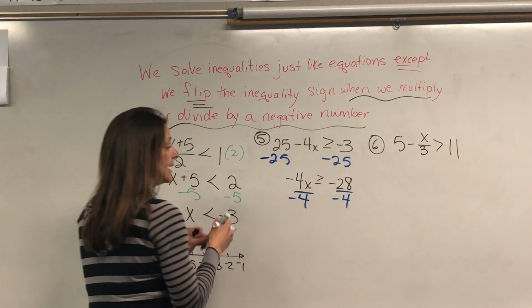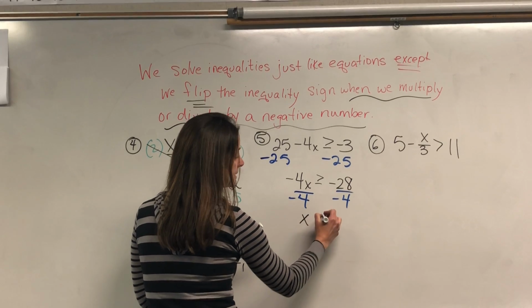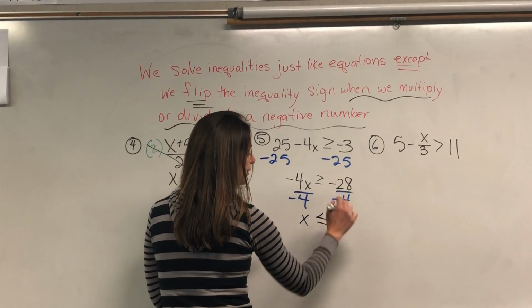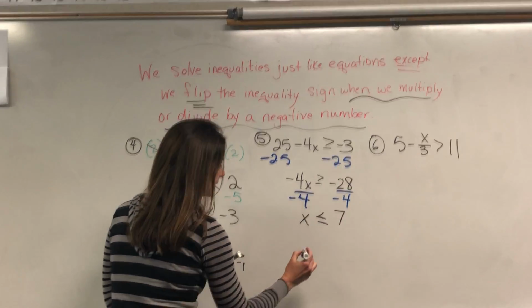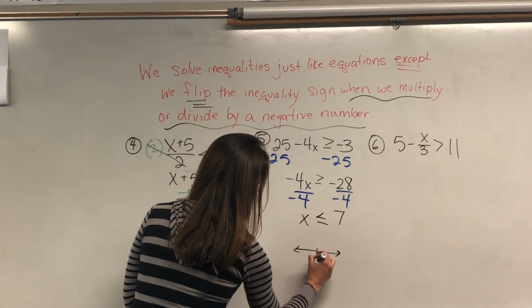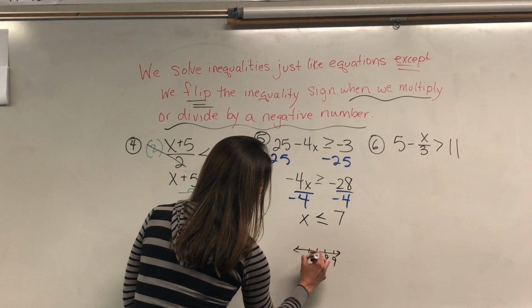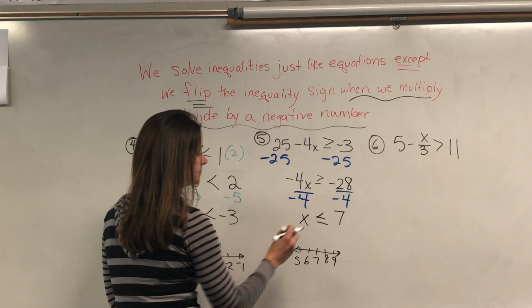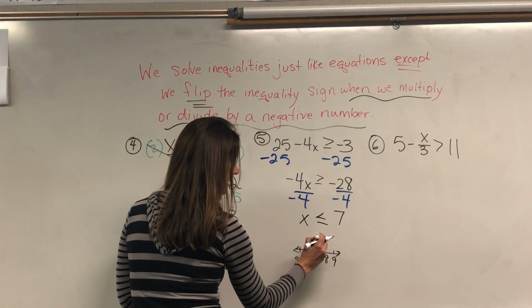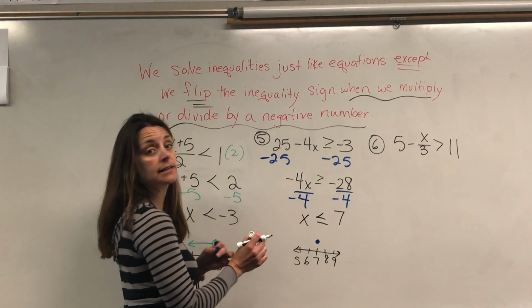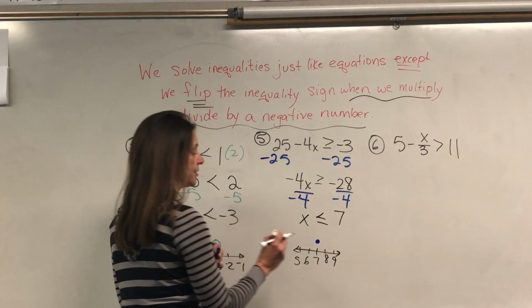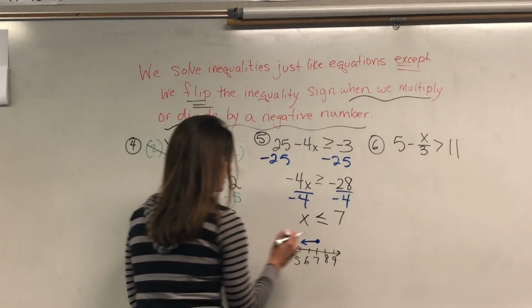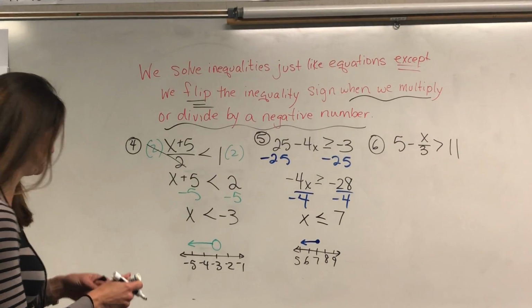Well, if I divide by a negative number, what happens? My sign flips, and a negative divided by a negative is a positive. Okay, and this time it is also equal to, so it's filled in, and then x says numbers that are less than or equal to 7. So I'm going to head to the left on that one.